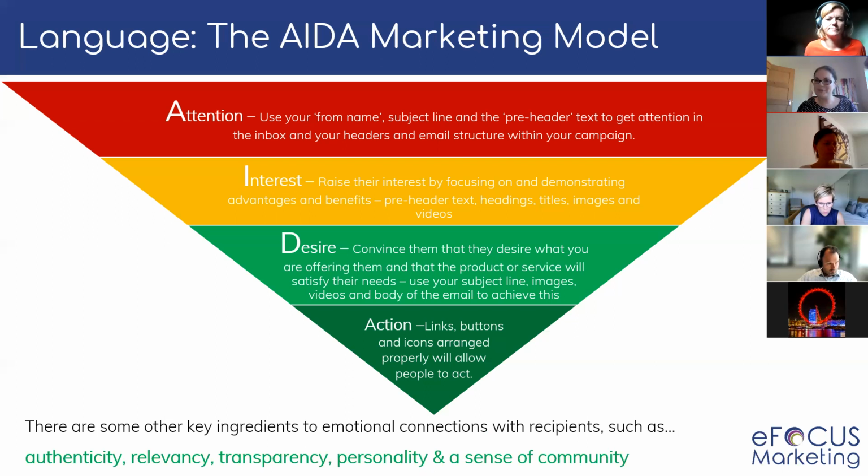And we've got to think about the emotional side, because, as your reps will tell you, I'm sure, people buy from people, but we've got to link in to their emotional side. We've got to be authentic. We've got to be relevant to what it is that they want to see and what they want to learn about. We've got to get that personality and that sense of community if we can, although that's a little bit more difficult in terms of what you're doing.